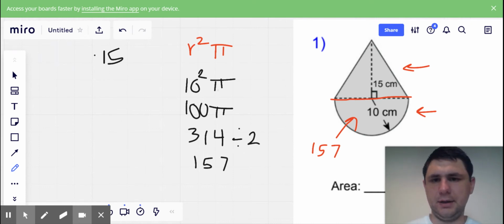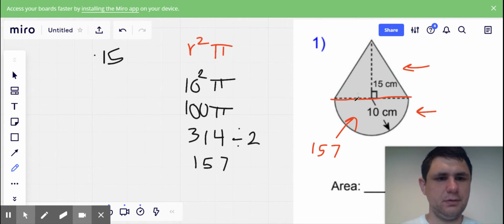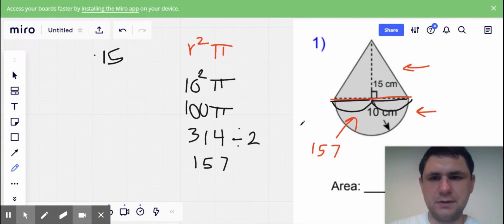So last we left off, we were saying that 15 is the height of the triangle, right? And then the base of the triangle. So here's what we know. We know that this is the radius of the circle. We know that this is also the radius of the circle. So I know that that's 10, and I know that that's also 10.